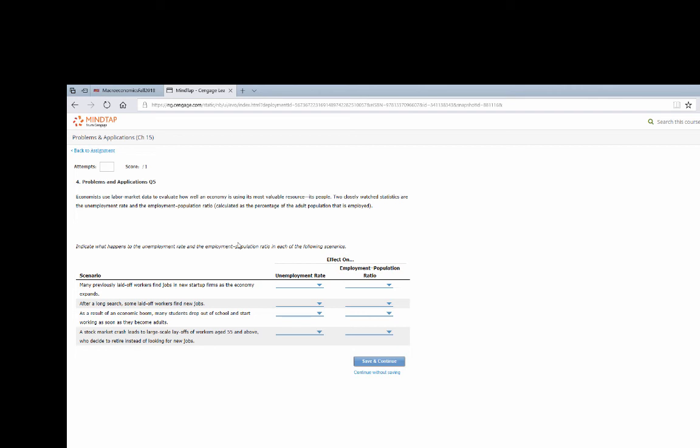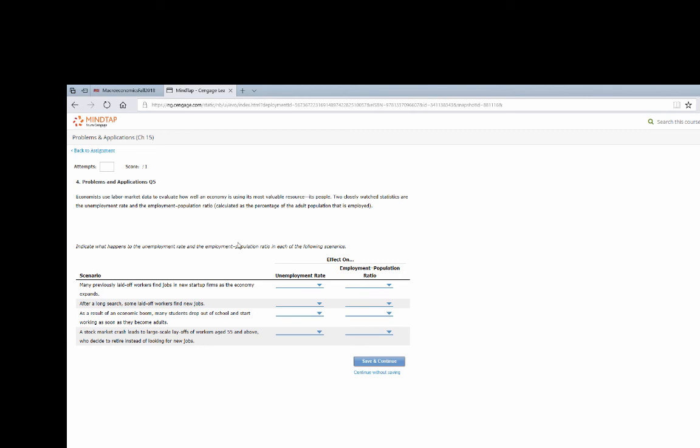So again, in order to make sense of what is being asked here, you have to use the unemployment rate, which is unemployed over labor force times 100, and the employment population ratio, which is the number of employed divided by your adult population times 100.